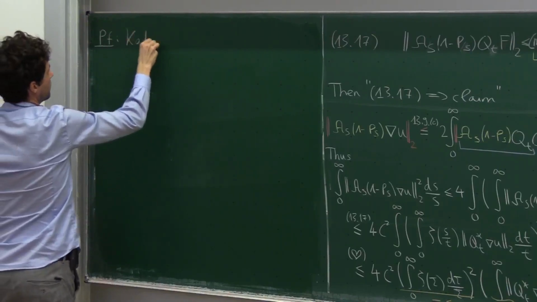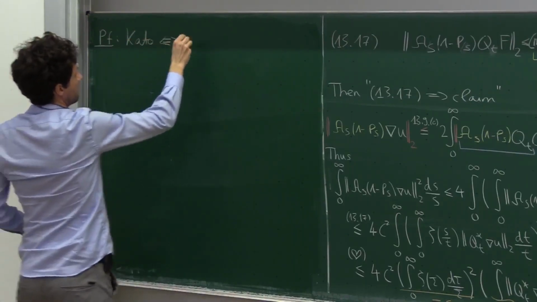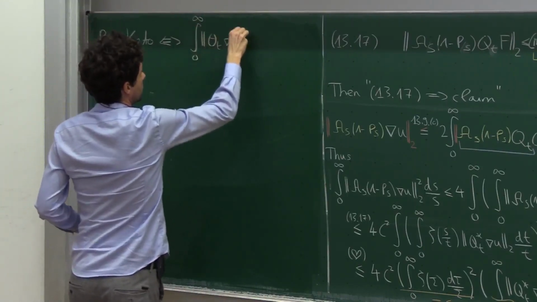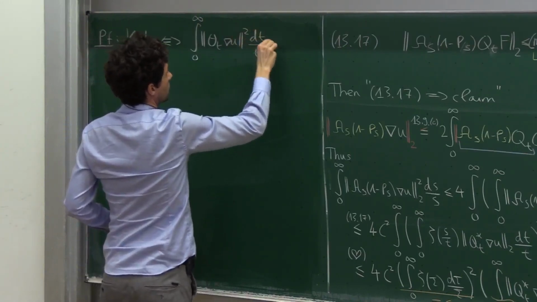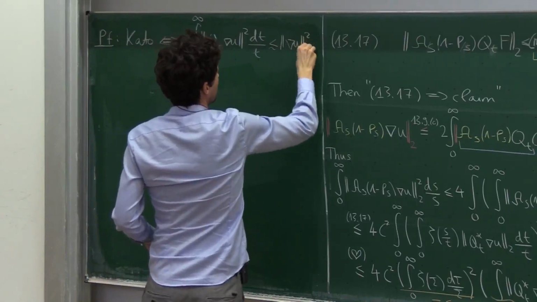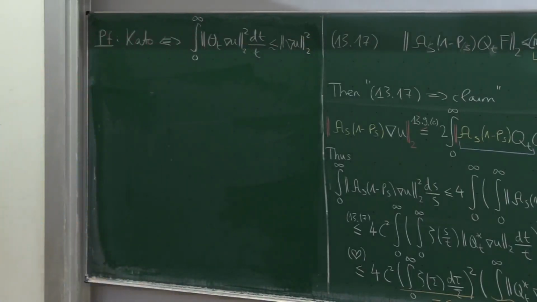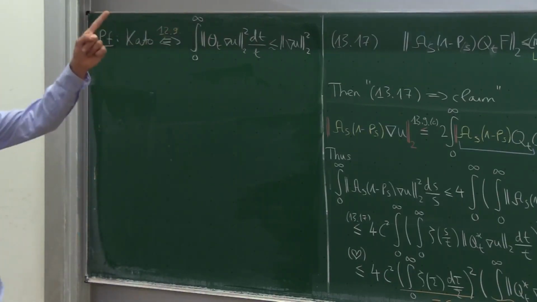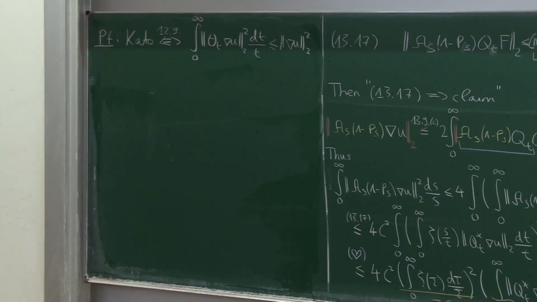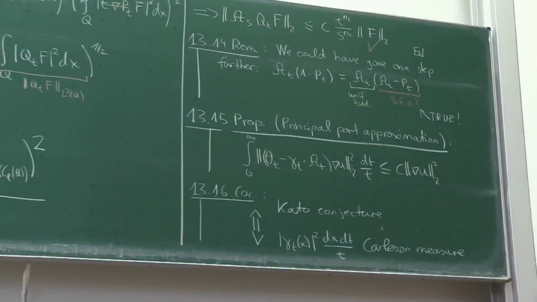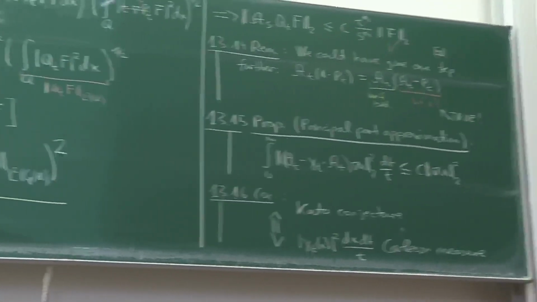Kato is the same as proving the square function estimate with the theta function. Okay, that's been the reduction of Sylvie. This was 12.9. But now that we've bounded the square function with the principal part approximation, I can just take the difference with that, and I see that bounding this square function is equivalent to bounding the square function with gamma_t.